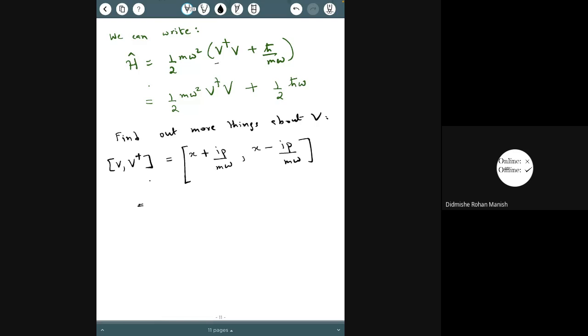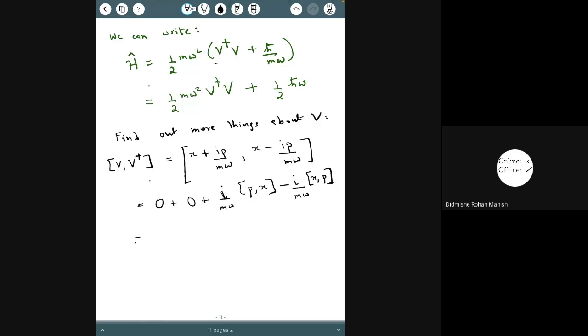In this commutator form, the xx commutator is 0, then the pp commutator is also 0. The other commutators will remain, so we will have i by m omega px commutator, and minus i by m omega xp commutator.